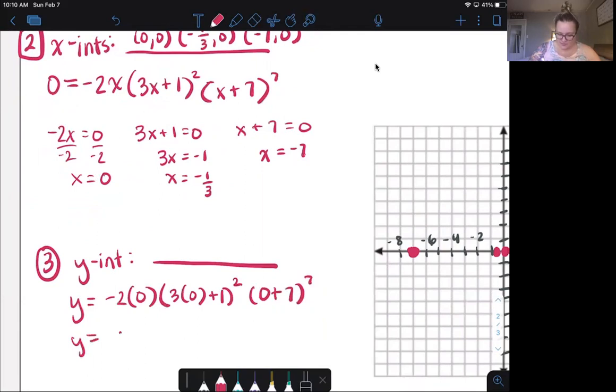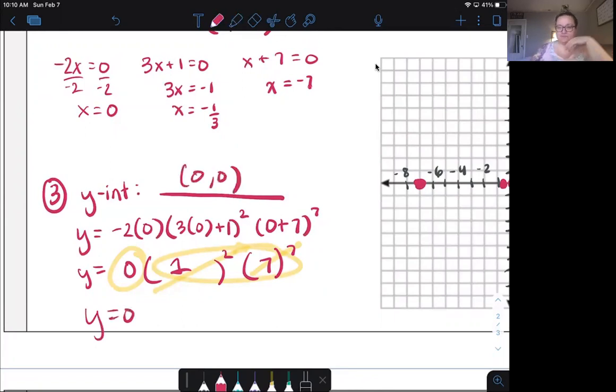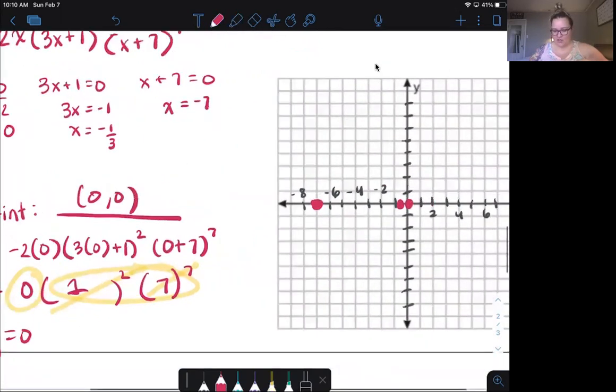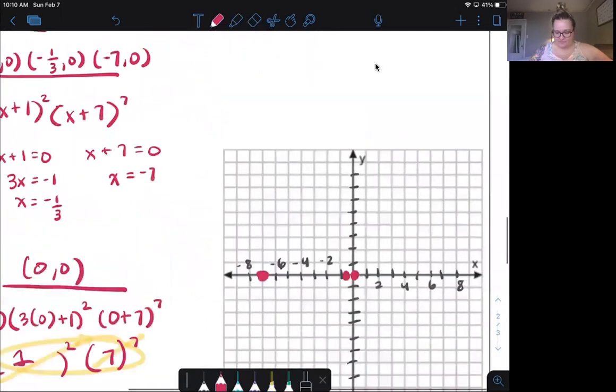Negative 2 times 0 is 0. 3 times 0 plus 1 is 1 squared. 0 plus 7 is 7 to the 7th. Now, it doesn't really matter what 1 squared and 7 to the 7th are because we're multiplying by 0. And 0 times all of this is just 0. So our y-intercept is at (0, 0), which we've already graphed because it was also one of our x-intercepts.